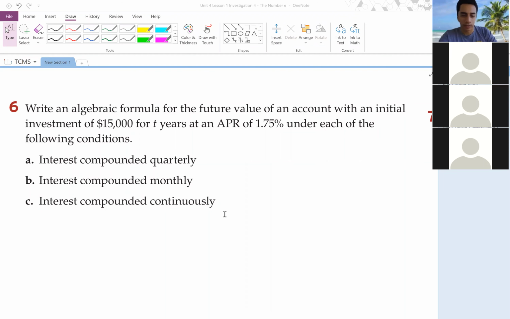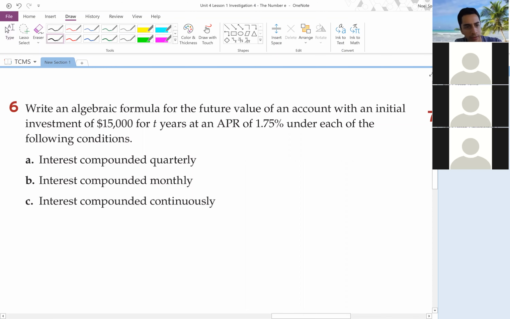They all have an initial investment of 15,000 for T years, so T is going to remain a variable. We have an APR, so we have the rate, 1.75 percent, under each of the following conditions: compounded quarterly, compounded monthly, and compounded continuously. So we have to come up with 3 separate formulas, one for each scenario. Let's go ahead and do that.